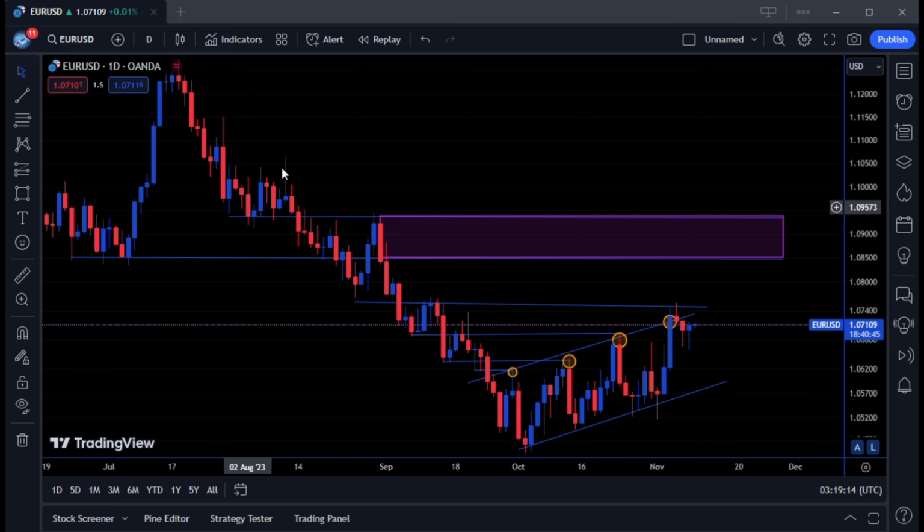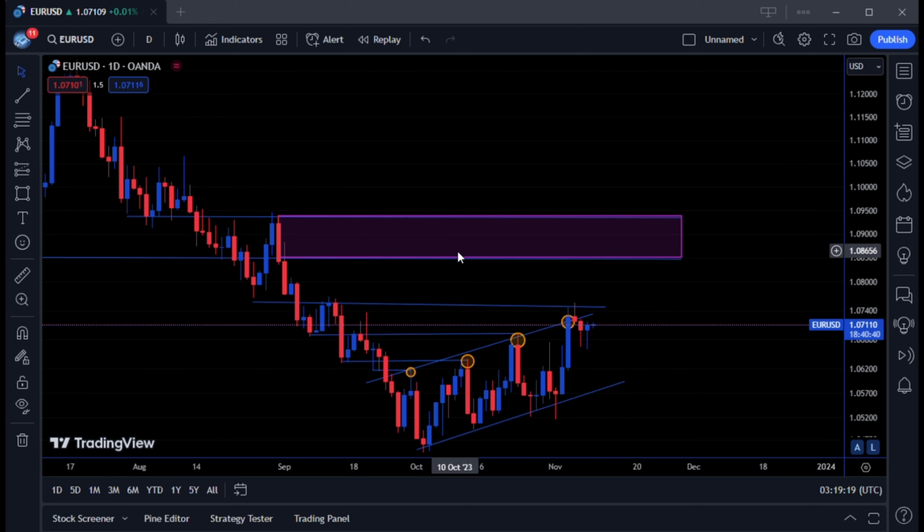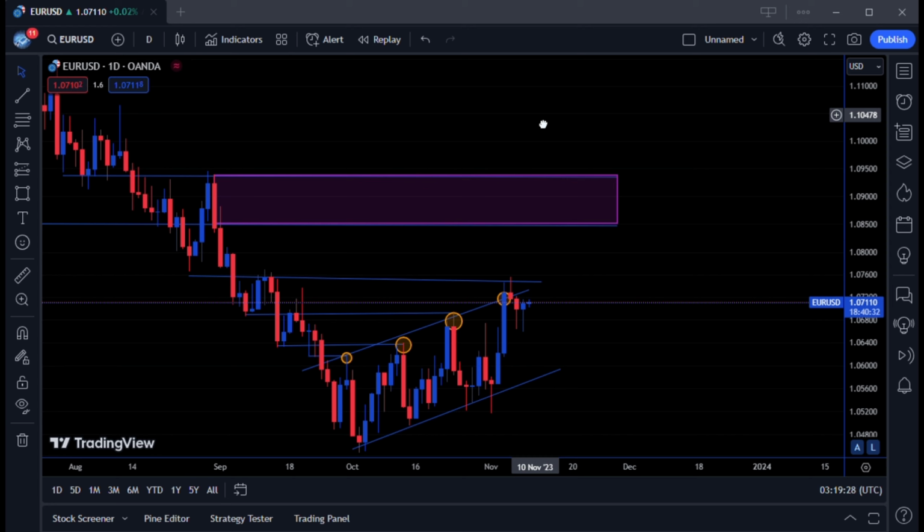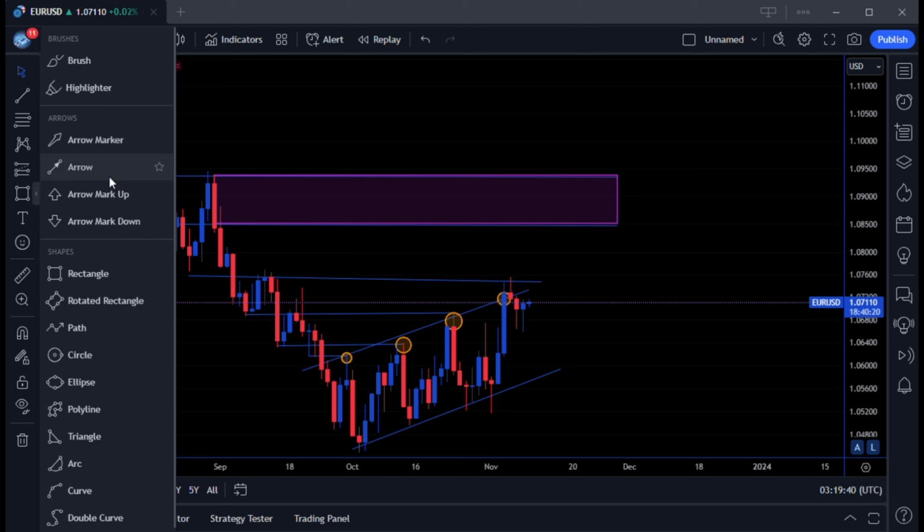This is because of the pullbacks here. So, that makes here a hot area if the market prices move up. Market prices will certainly react here. Making an illustration, we will have an arrow pointing here.